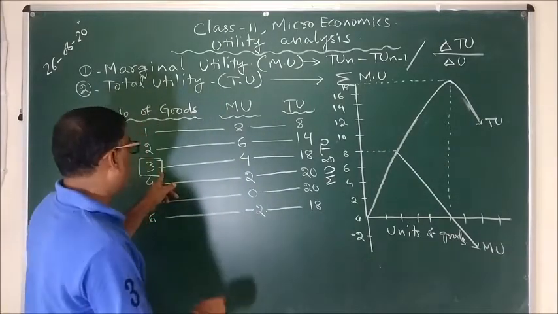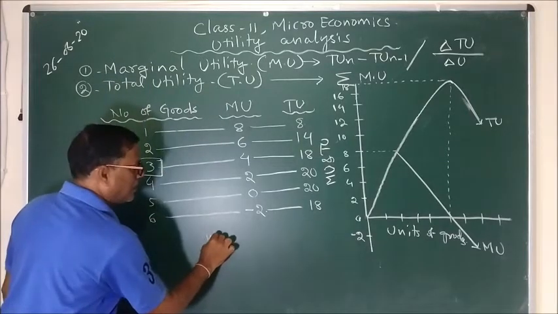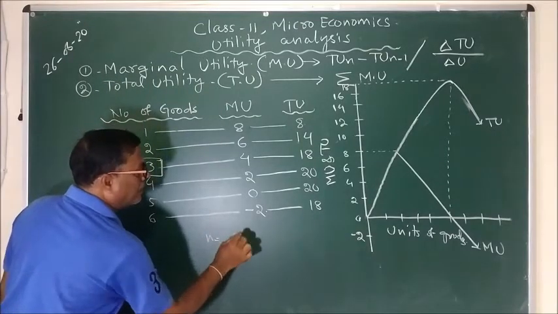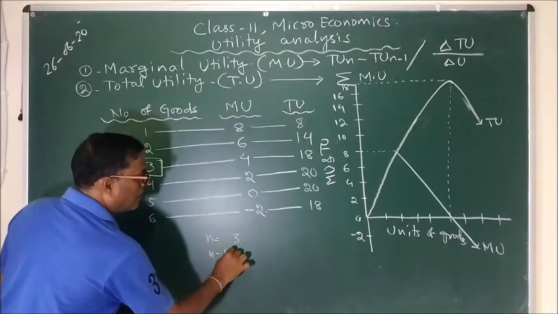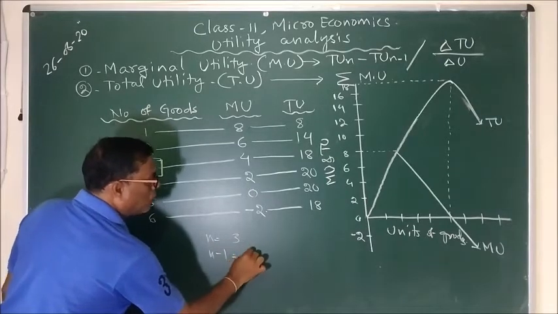So here n, that is the number of goods, is 3, and n minus 1, that is 3 minus 1, equals 2.